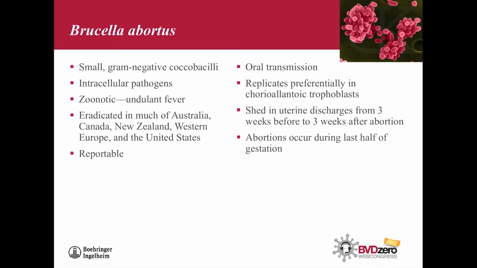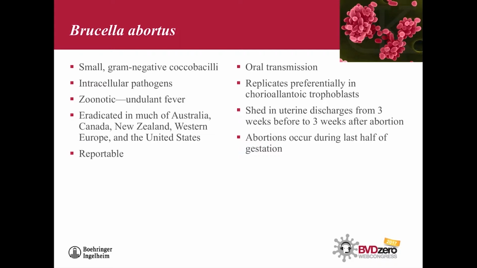Next, we have an agent that has been eradicated in much of Australia, Canada, New Zealand, Western Europe, and the United States. That's Brucella abortus. This zoonotic small gram-negative coccobacilli is actually an intracellular pathogen. It is reportable. It is controlled through regulatory eradication procedures in much of the world.